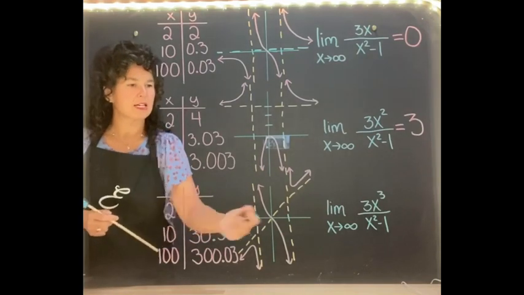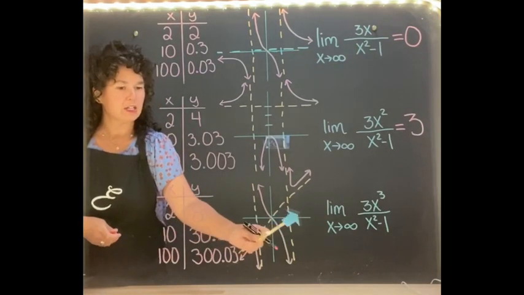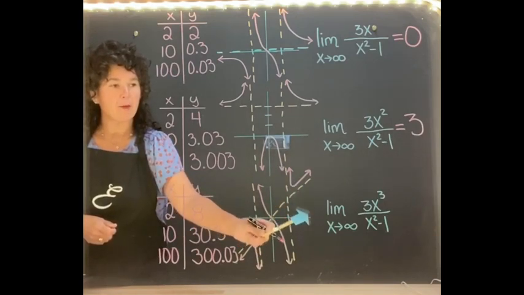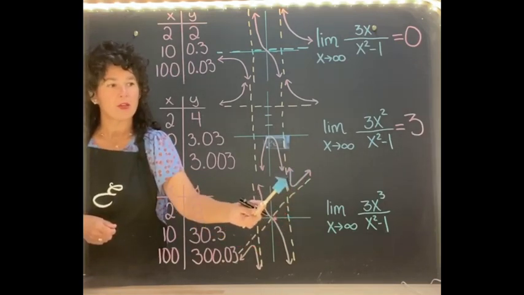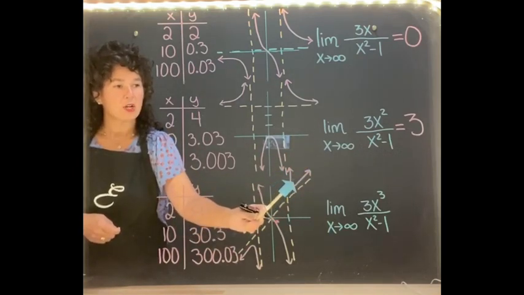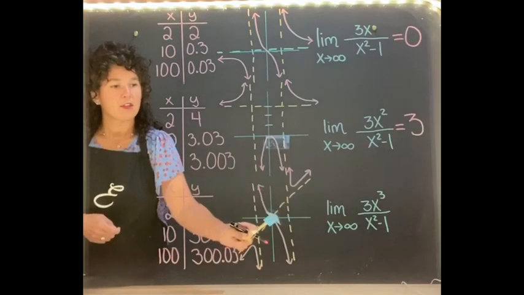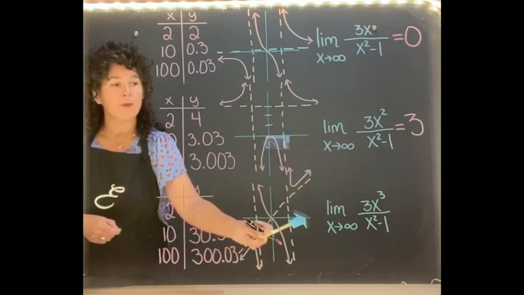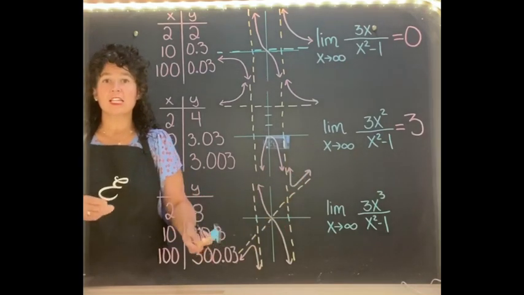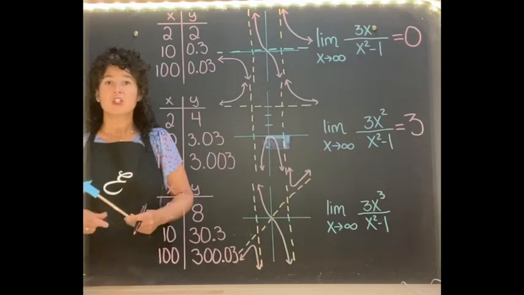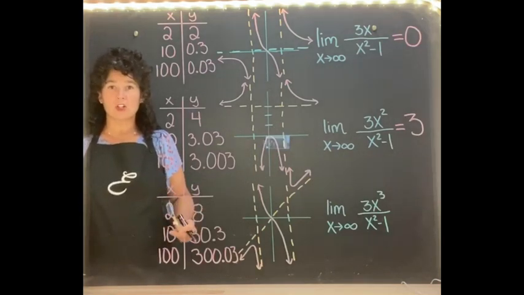And that is because as I substitute in 2, I'm at a height of 8, 10, I'm already to a height of 30. This curve is following this oblique, and so it's skyrocketing. As we substitute x values that are bigger and bigger, our overall answer is just going to keep climbing, and we're not going to head to any specific number, just to a much larger and larger answer.